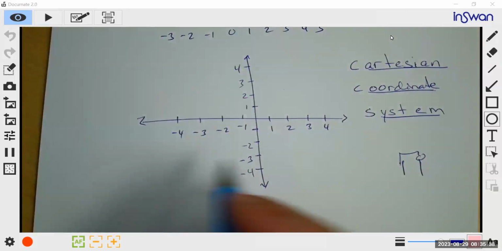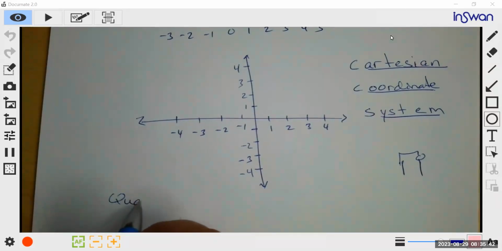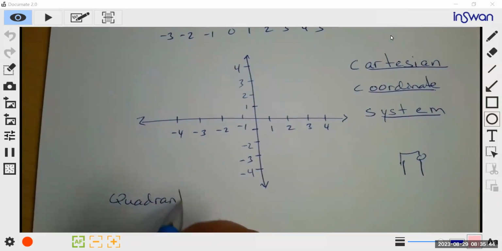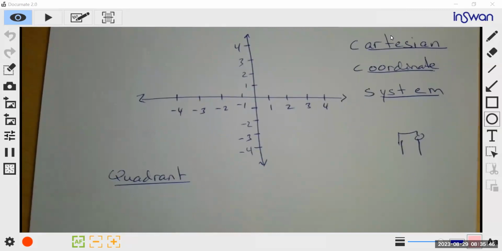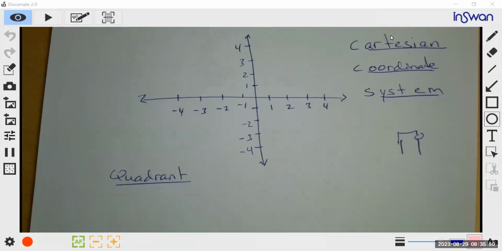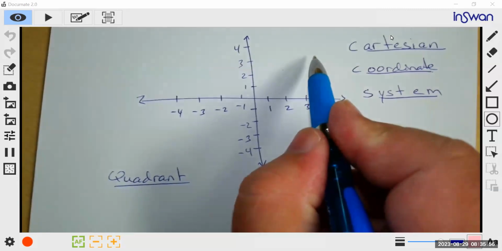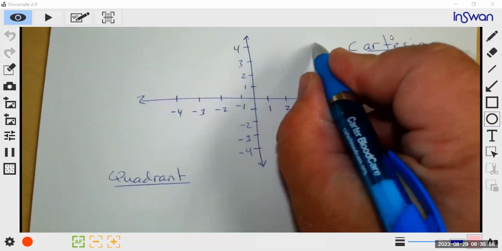We have 4 of these things. They're called quadrants. Called a quadrant because there's 4 of them. How would you number them? Starting from here or here? What would you call this one?